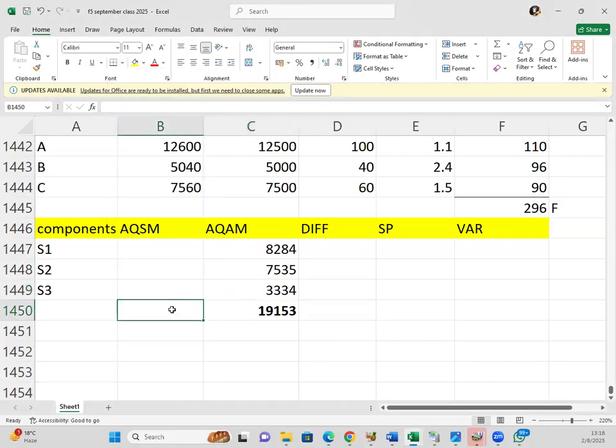Then the same total, we bring it here. We share in the standard mix ratios.